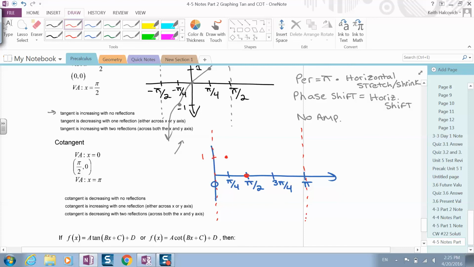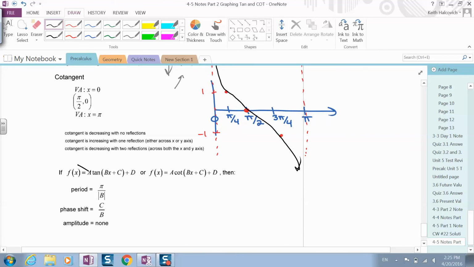The cotangent of 3 pi over 4 is negative 1. And notice the cotangent function is decreasing from left to right. So with no reflections, the cotangent decreases. With one reflection, it's going to increase, and with two reflections, they would cancel each other out and decrease.